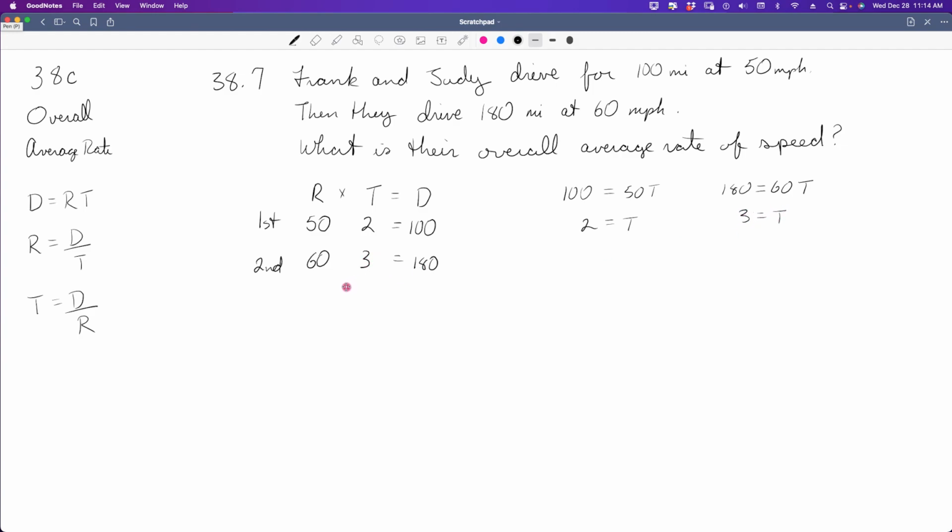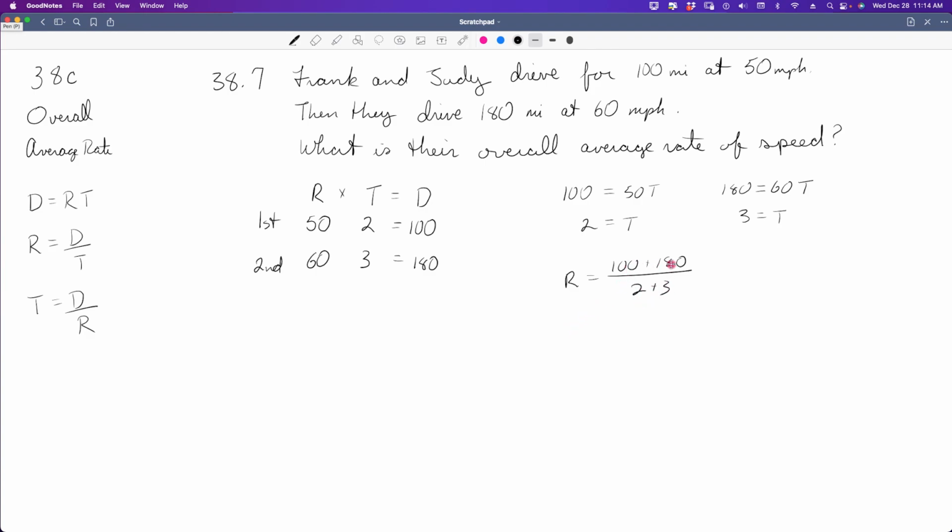So now I have the overall distance and the overall time, and that's going to give me the overall rate. So to find rate, we take distance and divide it by time. So rate is going to be equal to 100 plus 180 divided by 2 plus 3.